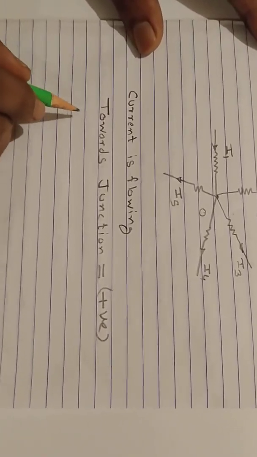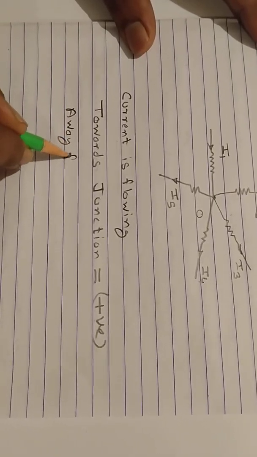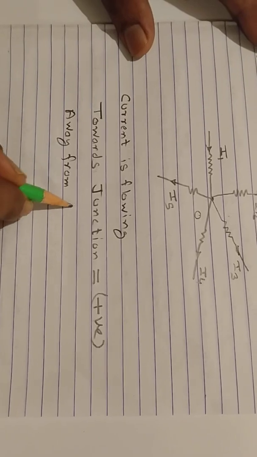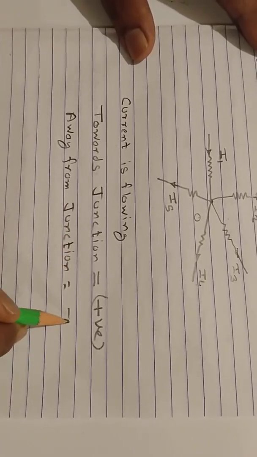And the currents moving away from the junction are considered to be negative.